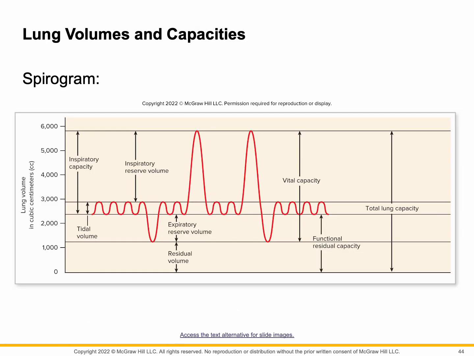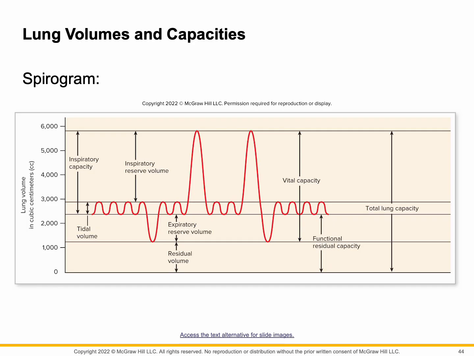So the graph here plots the lung volumes in cubic centimeters over time, and a curve starts from 2400 cubic centimeters and ends at 2400 cubic centimeters after reaching many sequential peaks and troughs.